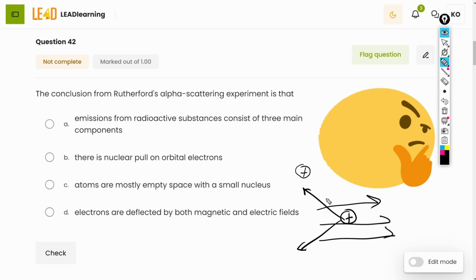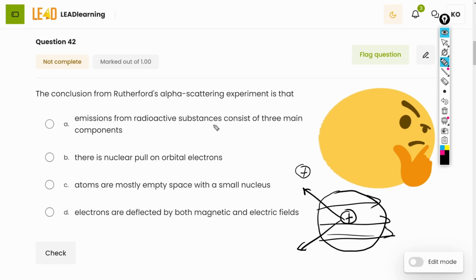Then the second observation or conclusion is that the fact that the majority of the alpha particles just pass through the gold foil shows that the atom is mostly empty space with a small positive nucleus. That's why a lot of the particles just went through. Based on these statements, let's look at our options.